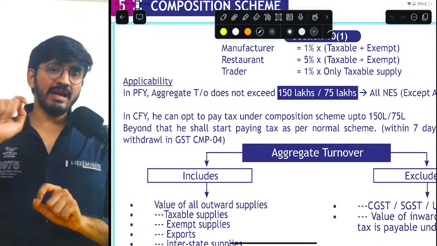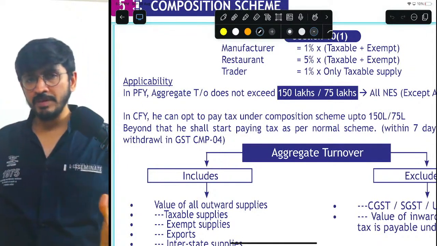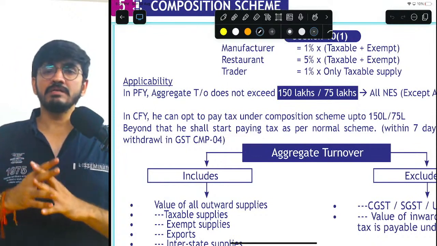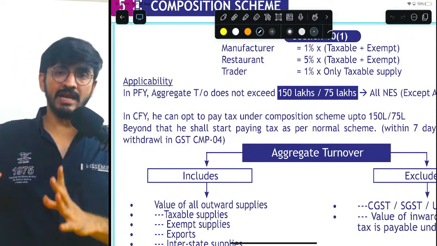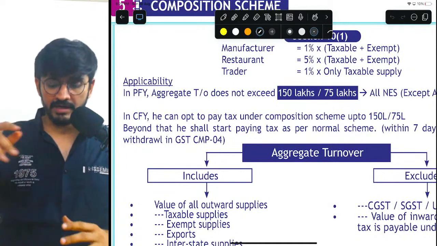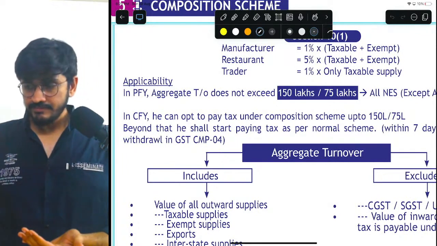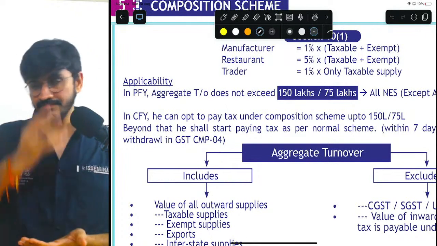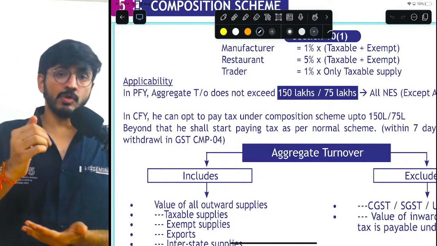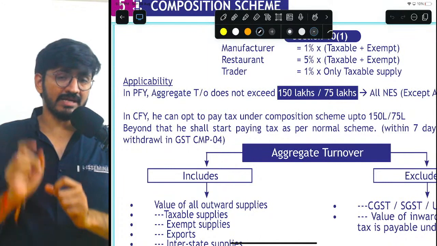Understand, here there are limits both ways. A lot of people jumble up things, they don't understand, and eventually they end up giving the wrong answer. But understand, my dear friends, here there are two things involved. One is that in the preceding financial year, aggregate turnover does not exceed 150 lakhs or 75 lakhs.